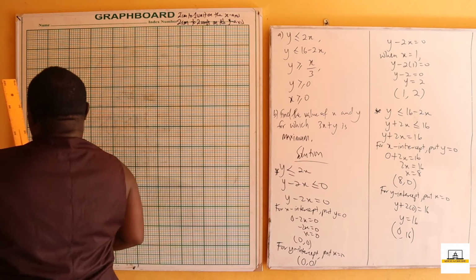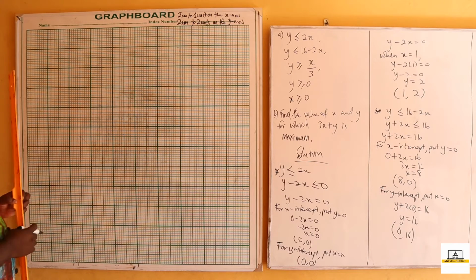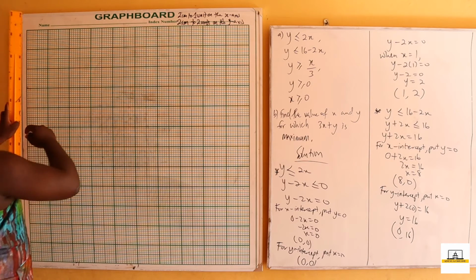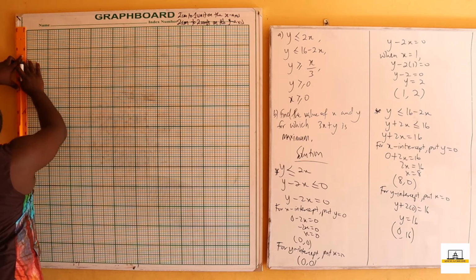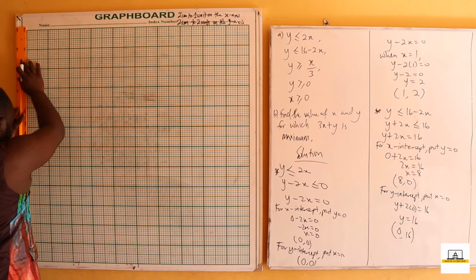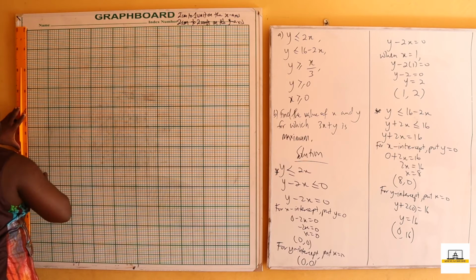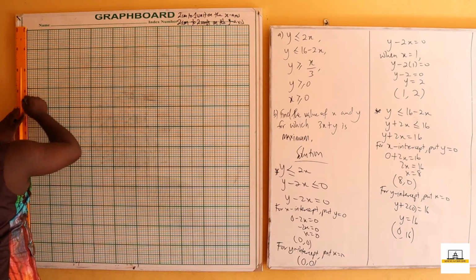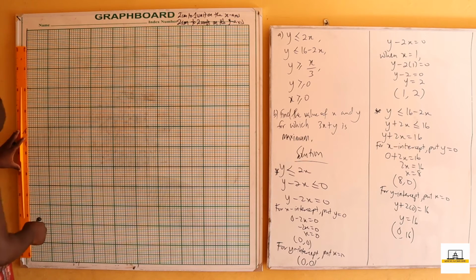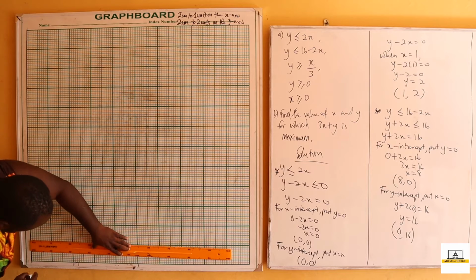So with this, I am going to draw the x and y axes. Because there are no negative values of y, I can go ahead and draw my y-axis first, and I have my x-axis here.